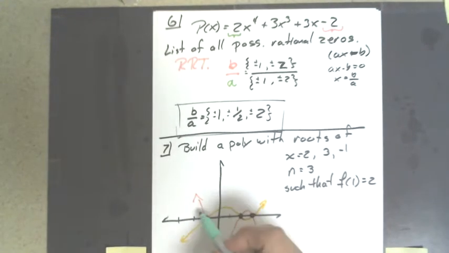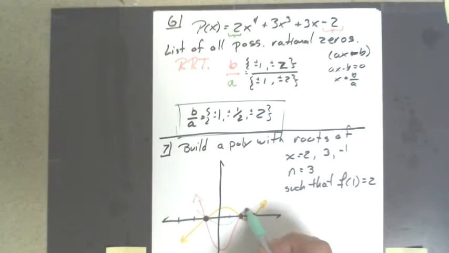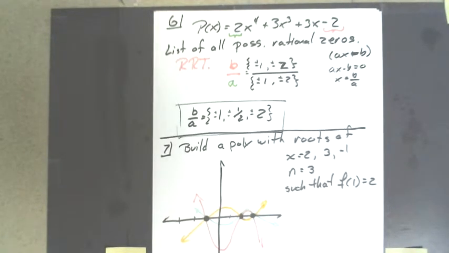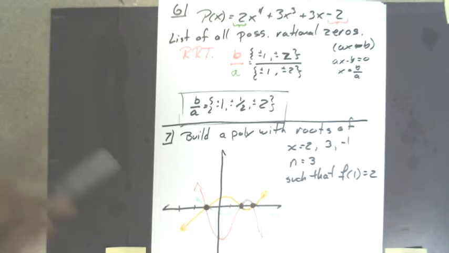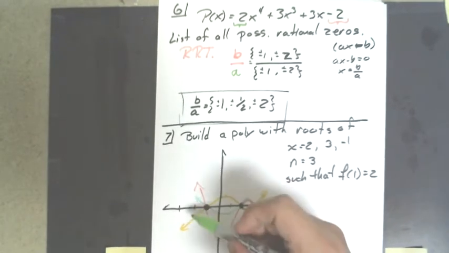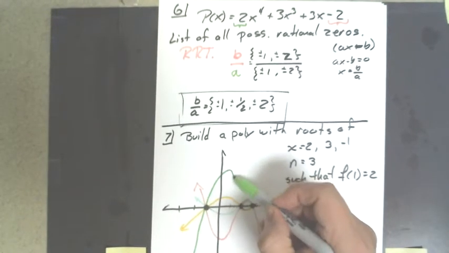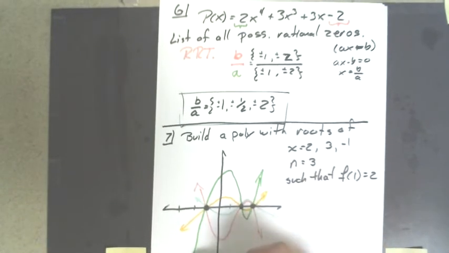We could stay here all day and draw different ones. Hopefully you can see some of those. One more in green, a big one. So there are all kinds of different third-degree polynomials that we could draw that go through those 3 zeros.